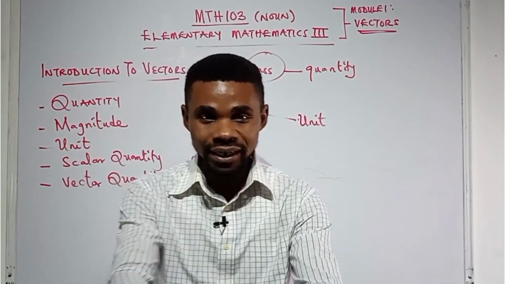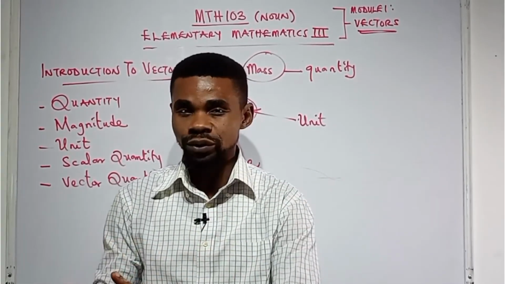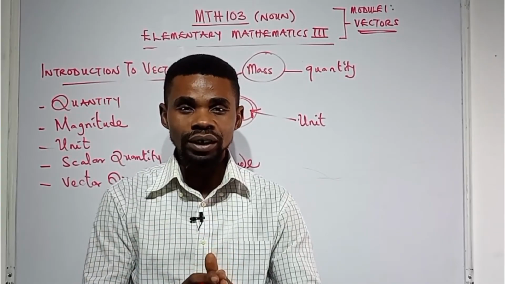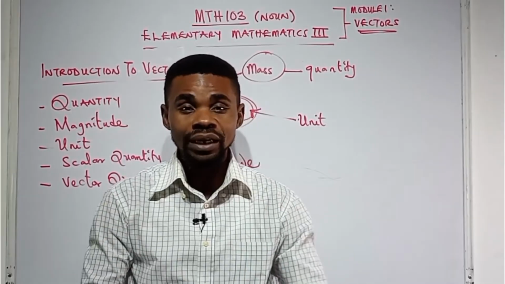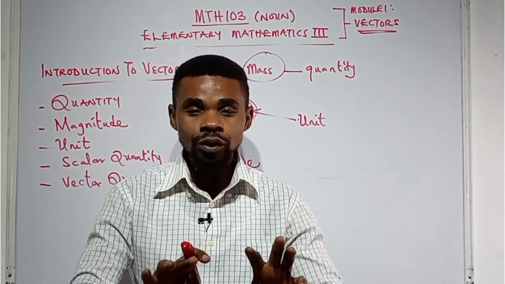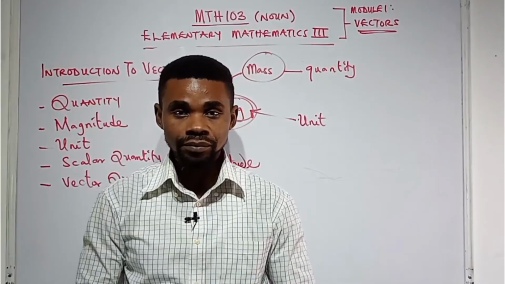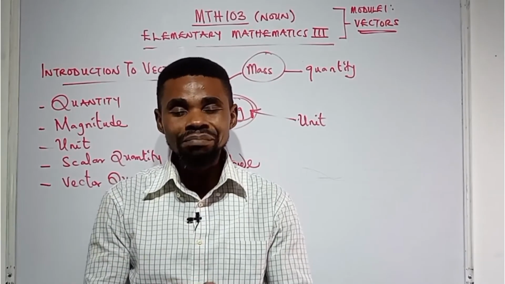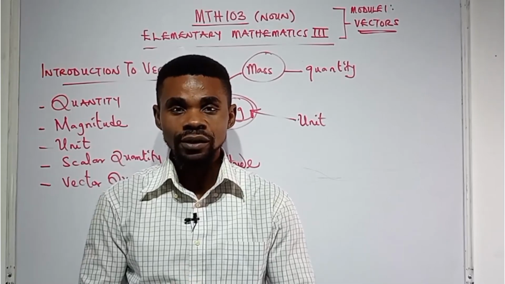You are either pulling something or pushing something with some amount of force. You can measure the amount of force you applied on an object, and that force is always applied in a specific direction. So that makes force an example of a vector quantity.